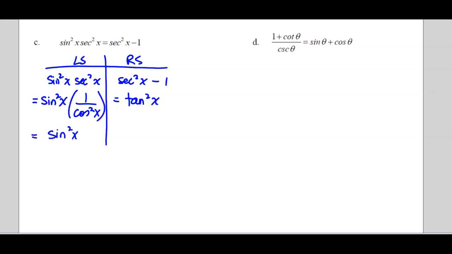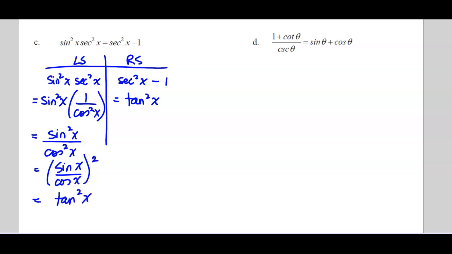And I'll show that as one fraction. Okay, then same as the last one. If you want to, I'm okay with leaving that and working on the right side. Really, you probably should show it like that, and then that's tan squared x.